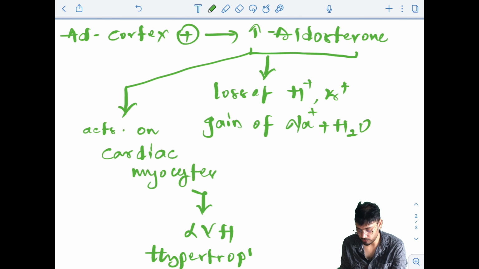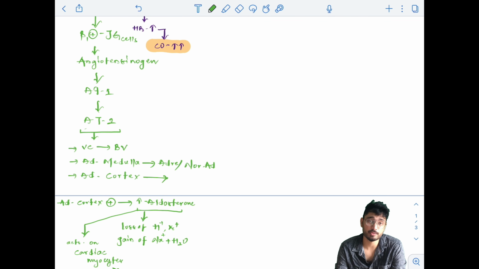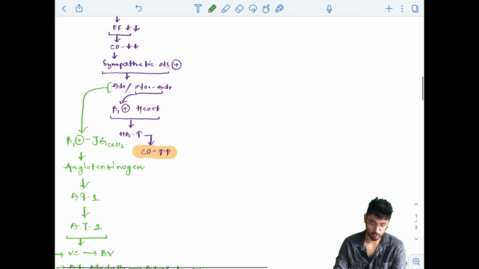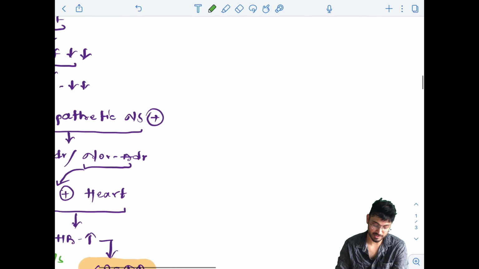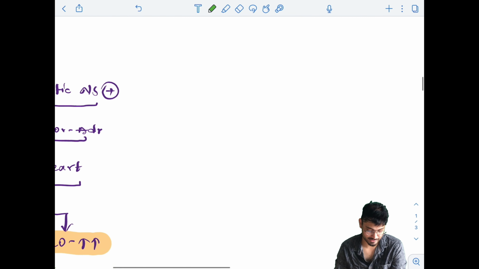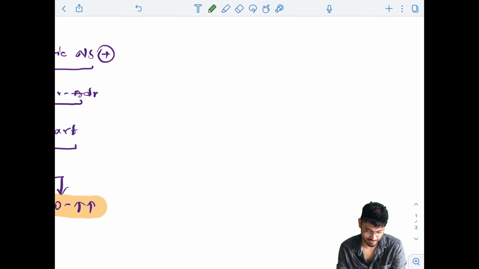LVH means hypertrophy of the left ventricle will be happening. So these are some of the problems which are caused because of the beta 1 receptors activation over the JG cells. Okay, don't worry, the topic is not that complicated, although it is complicated.